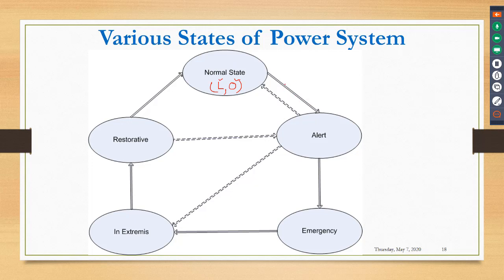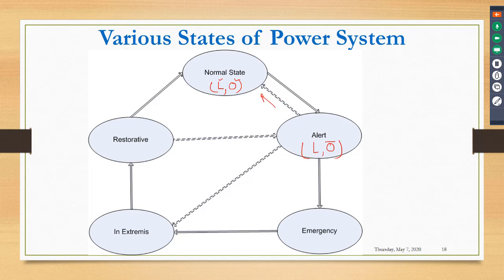Now as soon as some disturbance happens, the power system goes to the alert state. Alert state means your operational constraint is violated. I will mark it as O bar. So it is violated. Then if some action is taken to restore the system, it will go back to the normal state.